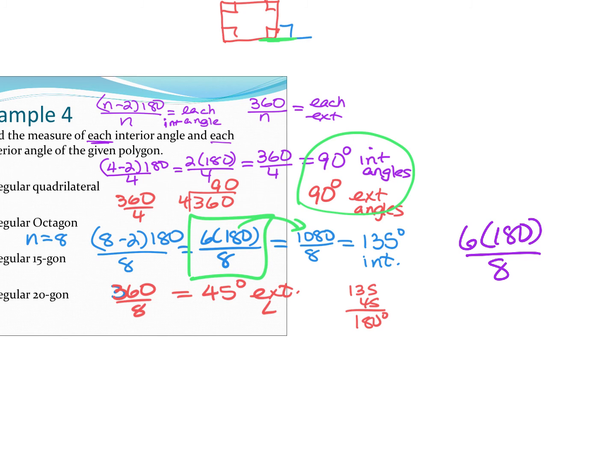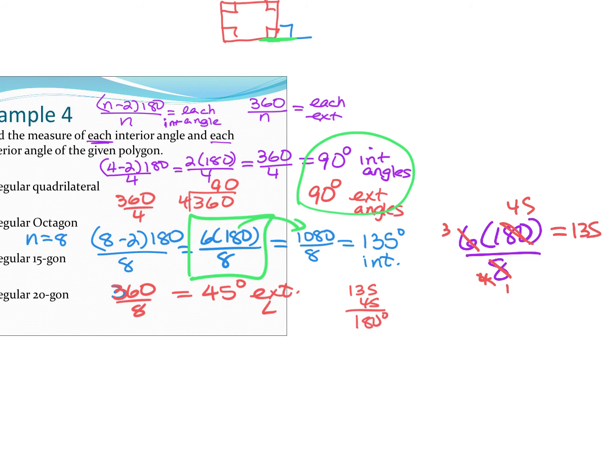For example, I could simplify the 6 and the 8 and make it 3/4. And then if you wanted to take it one step further, instead of doing 3 times 180 and then dividing by 4, I could also divide 180 by 4, and this would be 45. And then I just have to multiply 3 times 45, which gives me 135.